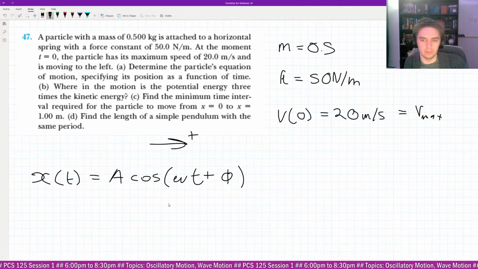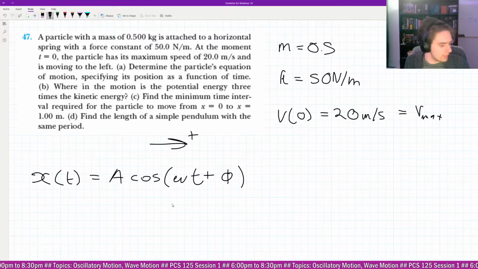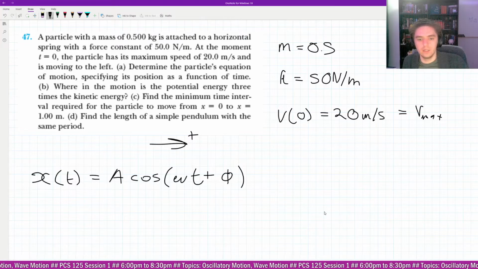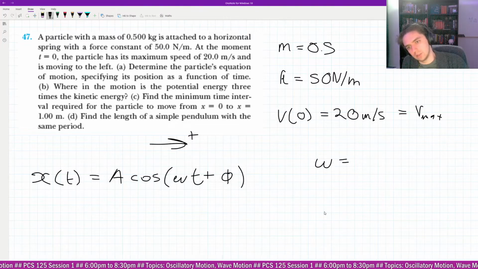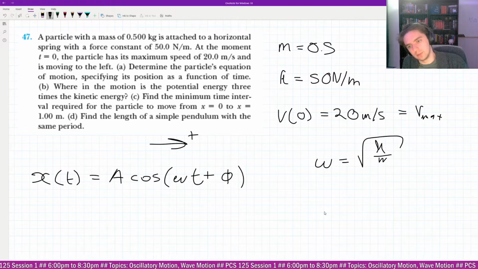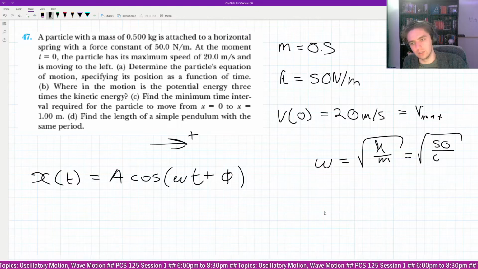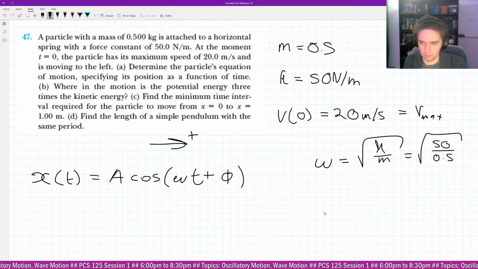Well, we know that omega is the square root of k over m. So we can right away say omega equals the square root of 50 over 0.5, which is going to be some like 10 or something.